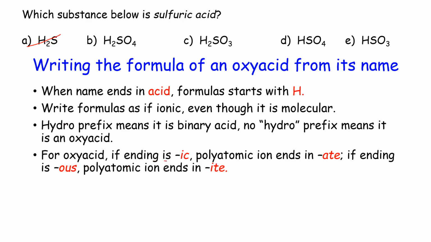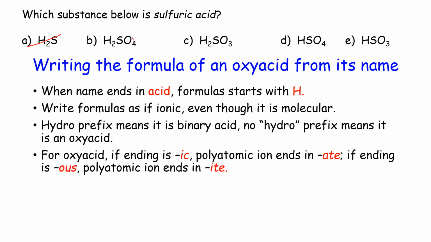If the ending is IC, the polyatomic ion ends in ATE. So if the acid's name ends with IC, the ion part has to have an ATE suffix.